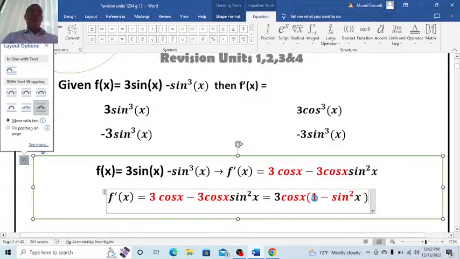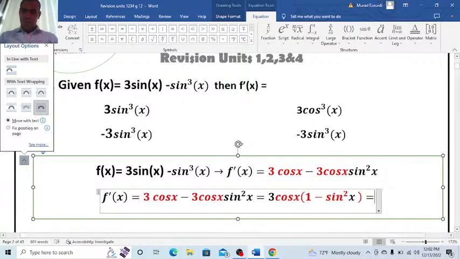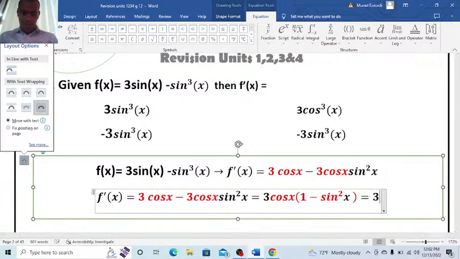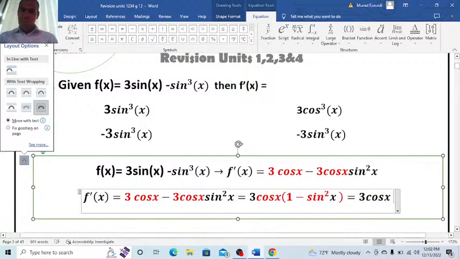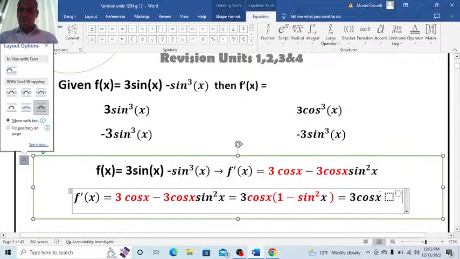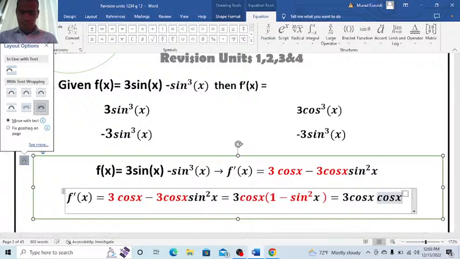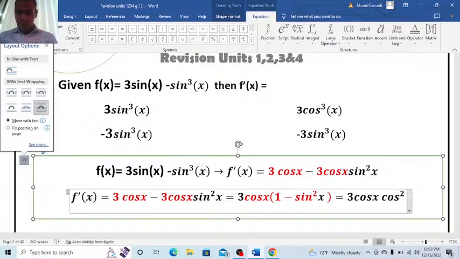But you already know that from the first trig identity, sine square plus cosine square is always equal to 1. Therefore, this one equals 3 cosine of x multiplied by cosine square of x.